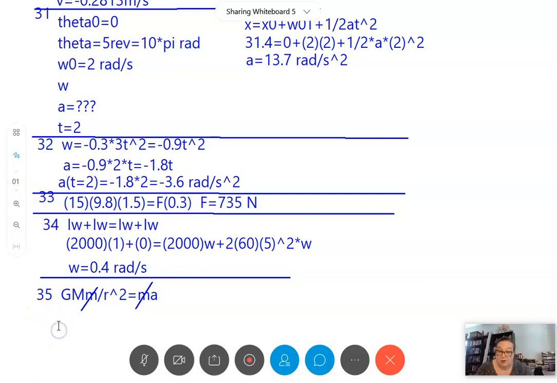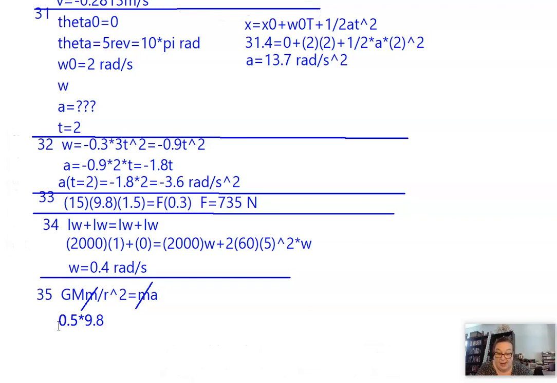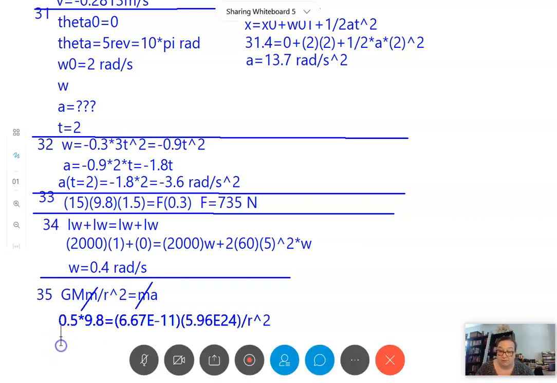So 0.5 times 9.8 has to equal capital G, which is 6.67 e minus 11, times the mass of the Earth, which is 5.96 e24, divided by r squared. And so now we should be able to solve for r.